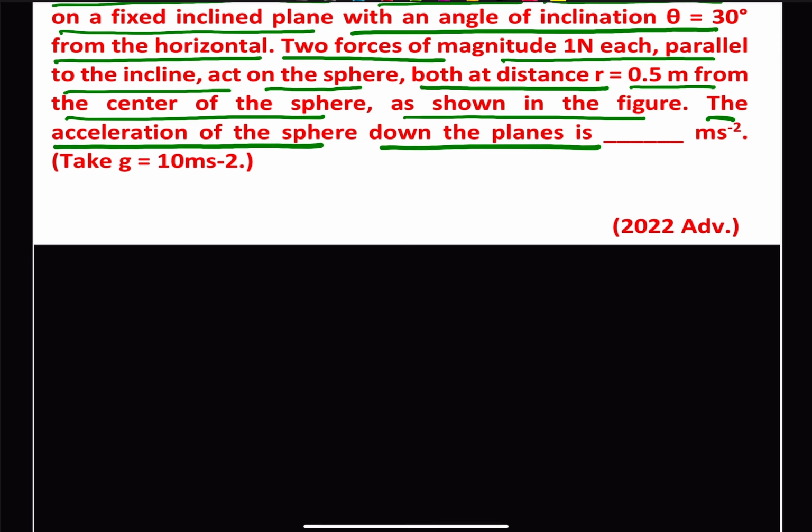So we have an inclined plane, and the angle of inclination is given as theta, which is 30 degrees, and we have a sphere. Suppose this is the center of the sphere, and we have two forces.